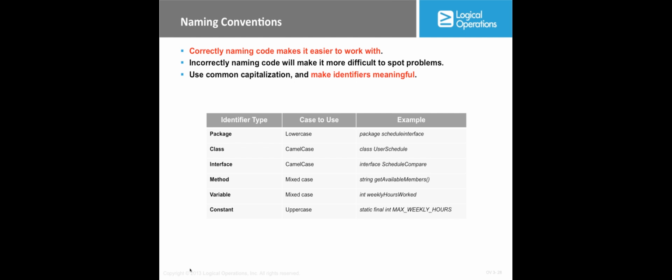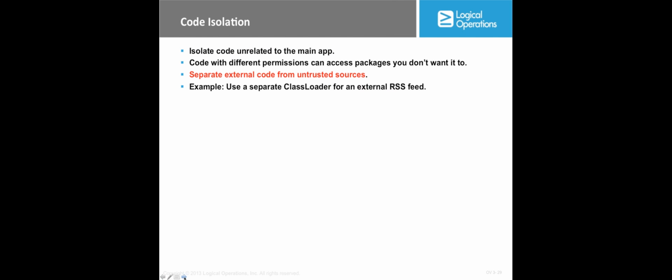Honestly, at this point I would almost say it doesn't matter as long as everybody on the team knows what the convention is and what the identifiers mean, and then you're working off a uniform standard going forward. Okay, so that's really all I would give you on that.